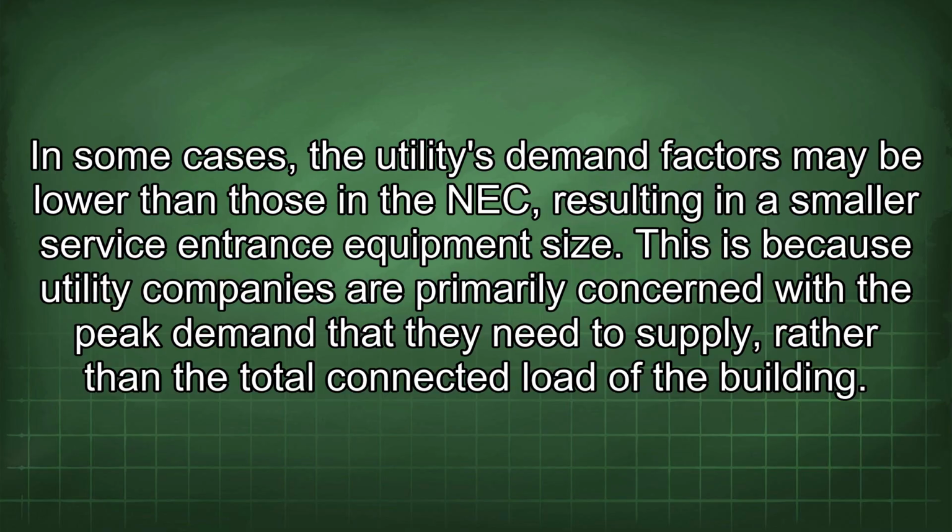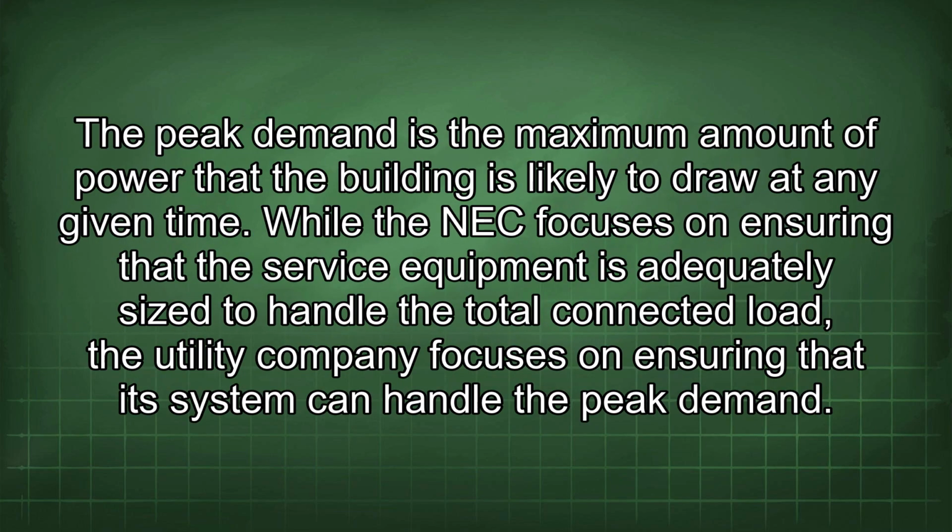This is because utility companies are primarily concerned with the peak demand that they need to supply, rather than the total connected load of the building. The peak demand is the maximum amount of power that the building is likely to draw at any given time. While the NEC focuses on ensuring that the service equipment is adequately sized to handle the total connected load, the utility company focuses on ensuring that its system can handle the peak demand.